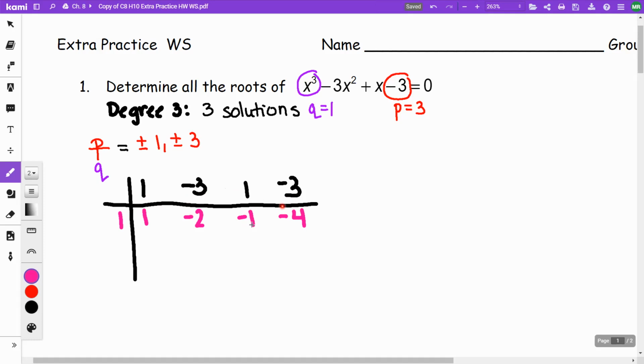Okay. So let's try a 2. And just a quick note, I did tell you guys that if we're using a positive number here, and we look at all of these results in this depressed polynomial, if these are all positive, then that would have been an upper bound.